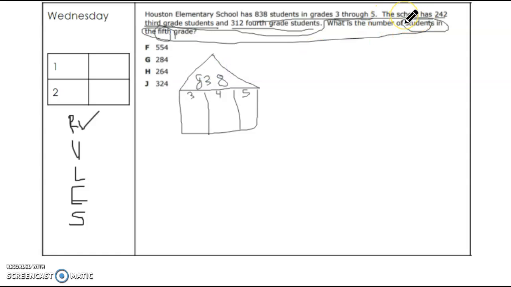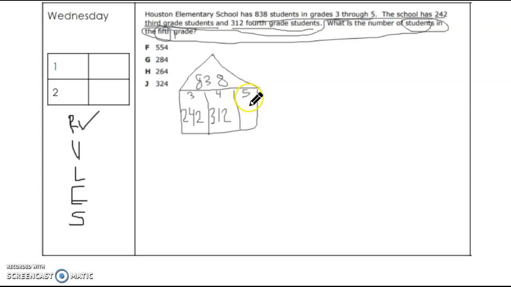Our problem says that in the third grade, there are 242 students. So here for third grade, I'm going to put 242. In the fourth grade, there are 312 students. So for fourth grade, I'm going to put 312.